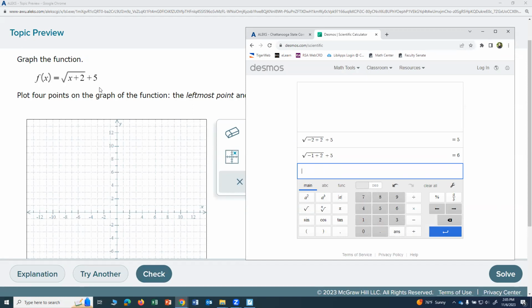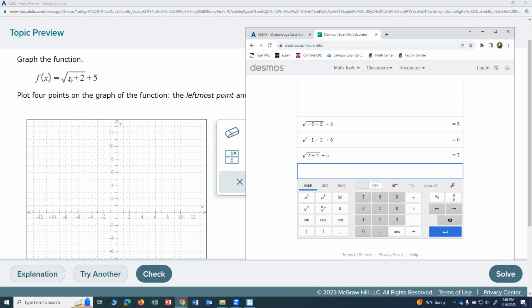Now I want to pick the next one. I know my next perfect square is 4. So in order to make x plus 2 equal 4, x would have to be a positive 2. So I'll do the square root of 2 plus 2 and then add 5. And now the next perfect square after 4 is 9.